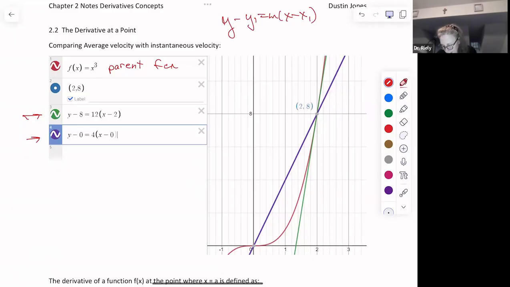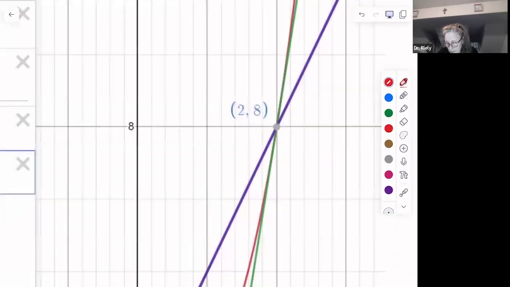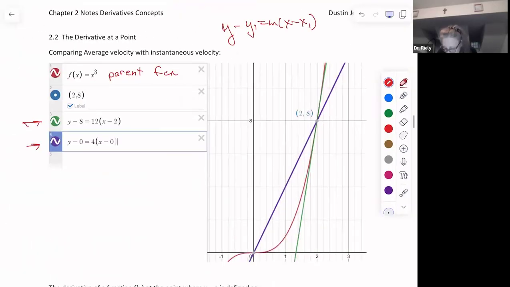So looking at this, I can figure out what the curves are. The colors tell me too. The green curve is where we are tangent to the red curve. So the green curve is a tangent line, and tangent lines give us instantaneous slope or instantaneous velocity. That's the velocity right at that point, 2.8.